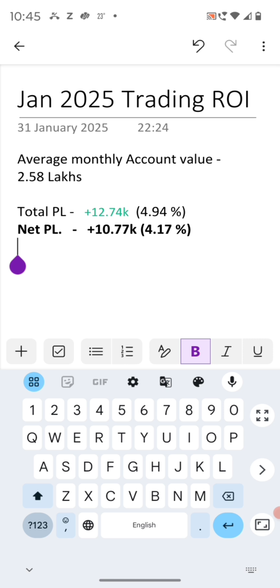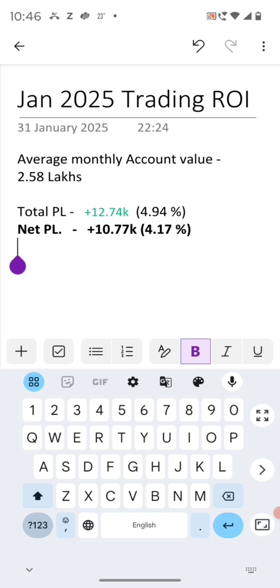So what does this mean for the overall year? It means if you just multiply it by 12 months, right? If you're just consistent, on a rough basis, let us take it, right? So close to 5 into 12, on a simple interest basis, we're not compounding, right? If you compound, you'll get a much higher return. But even if we take simple interest, 5% into 12 is like 60%.